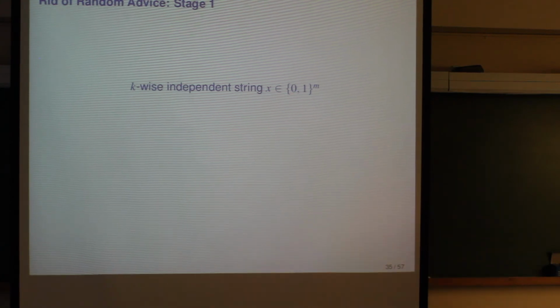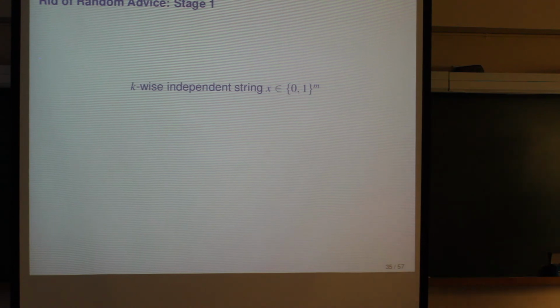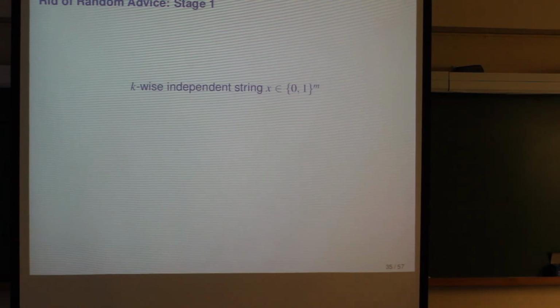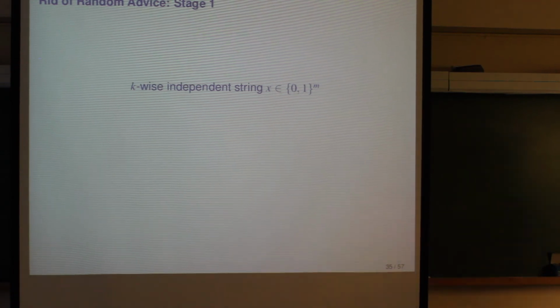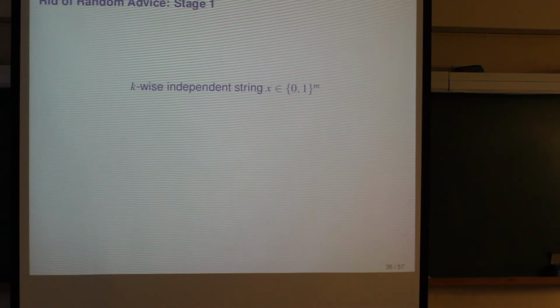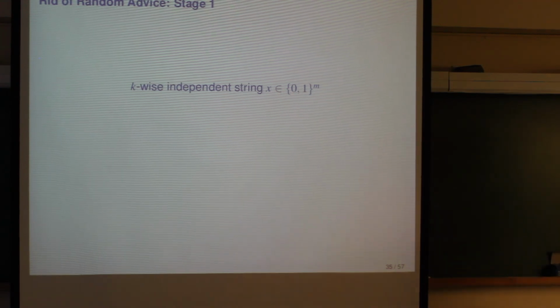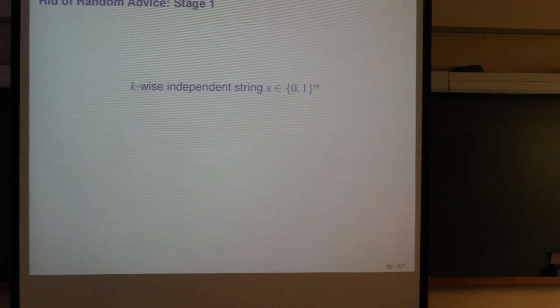It's called getting rid of random advice. Stage 1: here we work with the notion of a k-wise independent string. What does that mean? We again look at a string of m bits, but we don't ask that it's uniformly random. We only ask that it's uniformly random on subsets of k bits. That means for every subset of k bits, if you look at probabilities, this behaves like a uniformly random string.